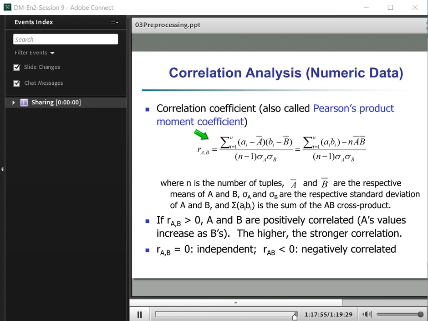I never ask you to keep in mind this formula. I will give you some exercise, but I never ask you to keep this, because in data mining we have several tools with lots of parameters.